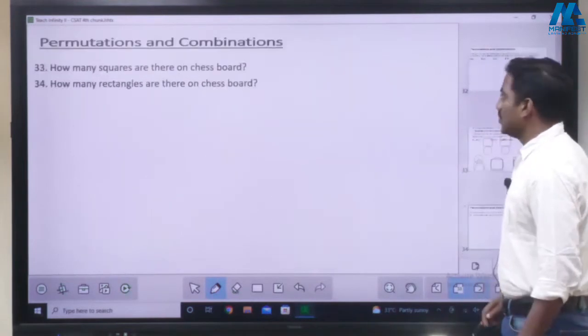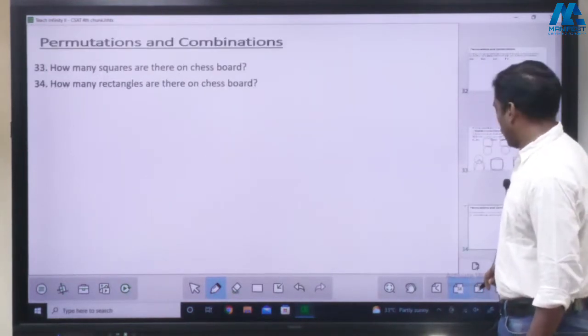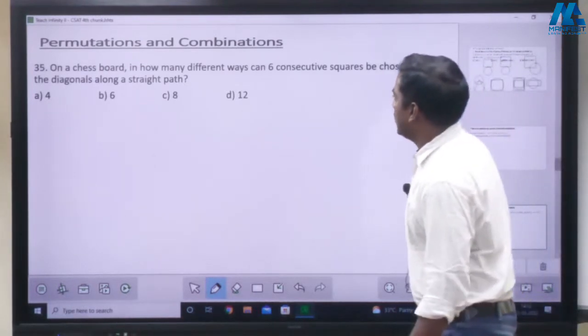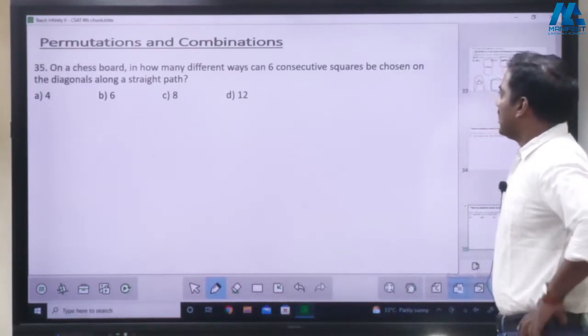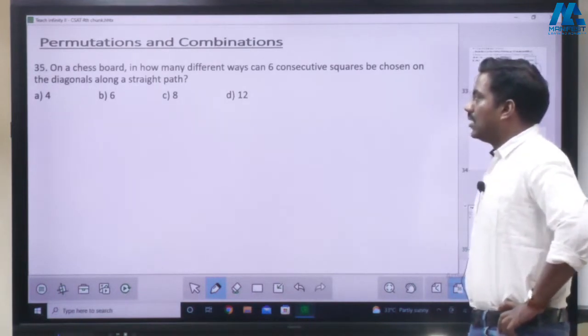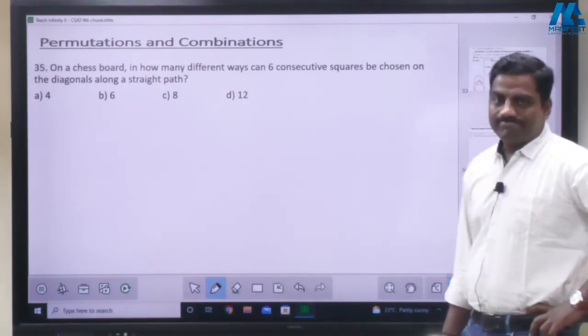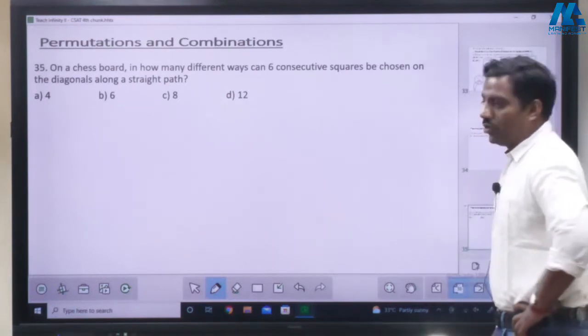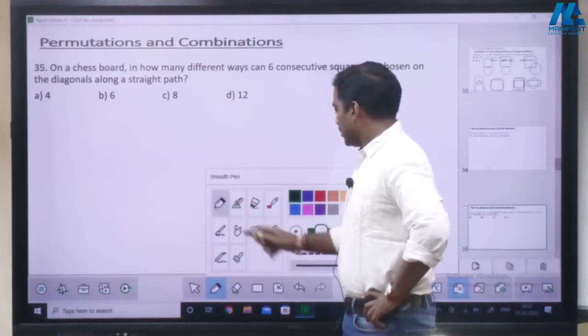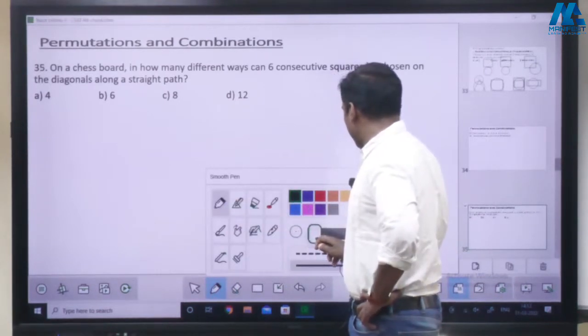Next. On a chessboard, in how many different ways can 6 consecutive squares be chosen on diagonals along a straight path? They are asking about chessboard. Bear with me for some time.